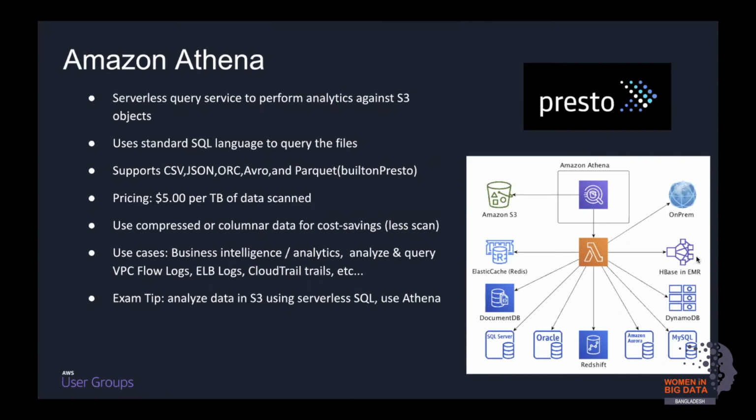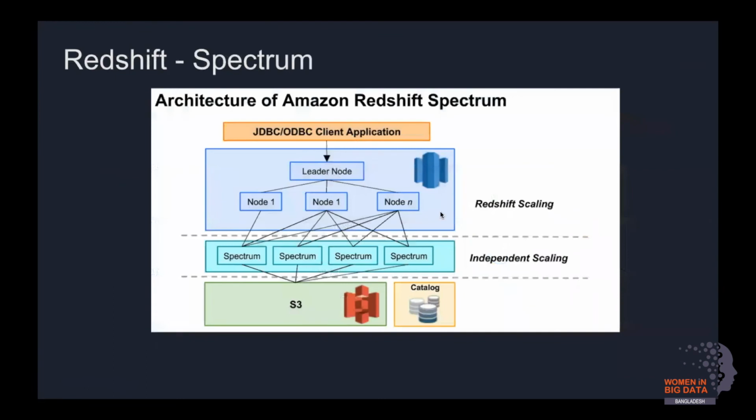You only pay for the cost. The cost of Spectrum and the cost of Athena is the same, $5 per terabyte of scan, but with Spectrum you need to pay for the additional leader node. And you need to ensure the leader node is scaled properly, because this is the core brain. If you don't have a strong brain or driver, the performance will not be optimal.